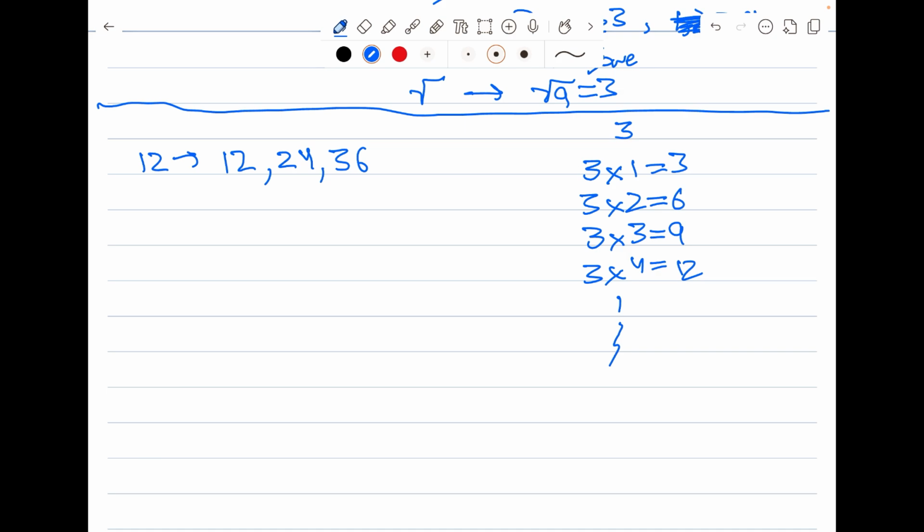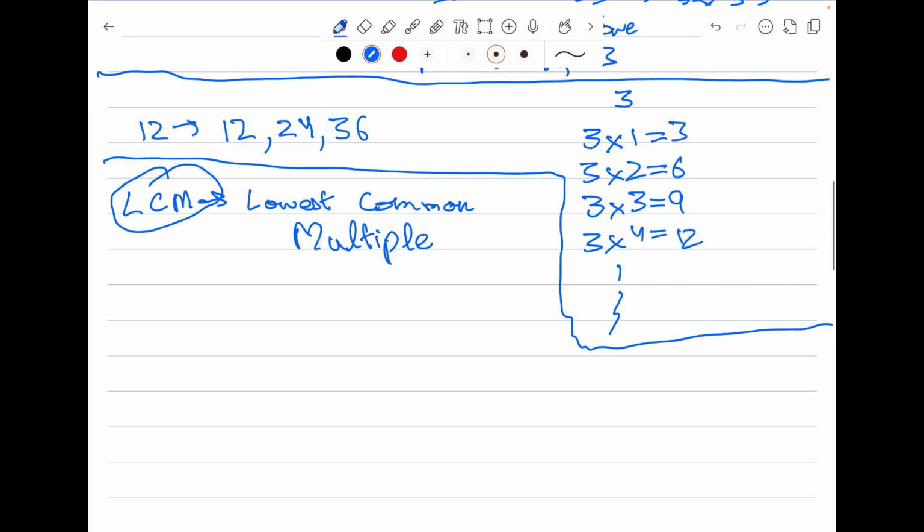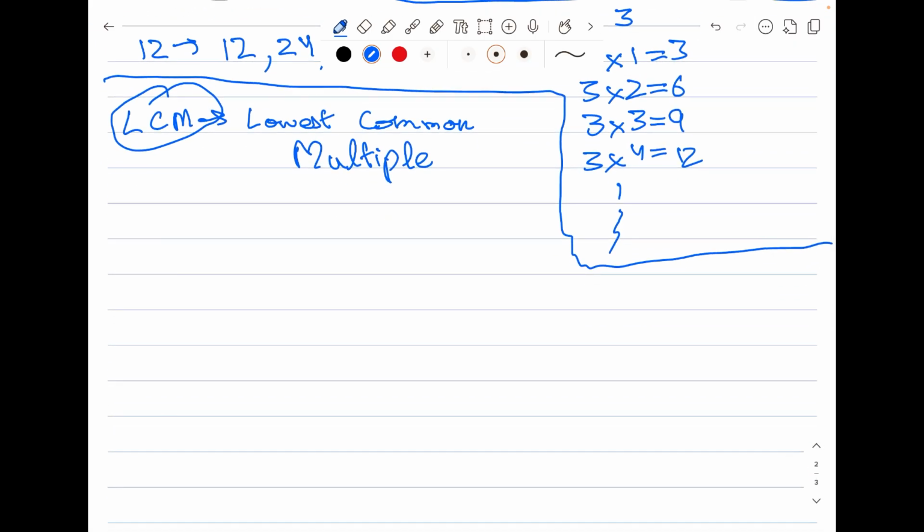And then we have a very, very important idea related to this concept, the LCM, which is the lowest common multiple. So, as is suggested by the name, the LCM is the lowest common multiple of a collection of numbers, right? So it doesn't make sense to talk about the LCM of a singular number.